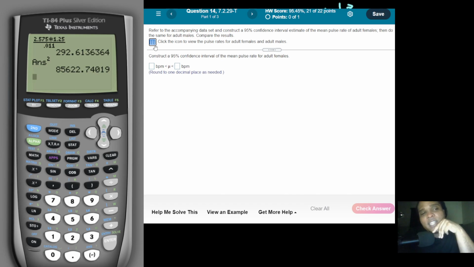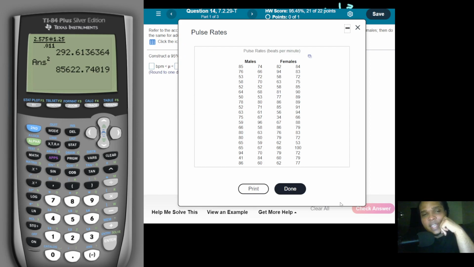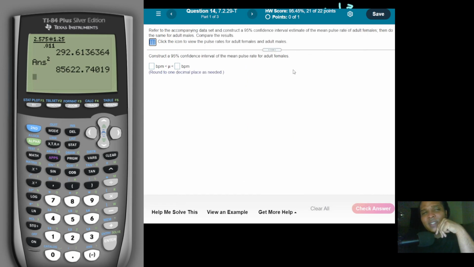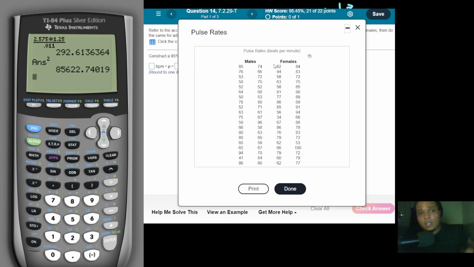We have a whole data set here, and we have females over here. They don't care about the males this time. So, you know what? We're going to use StatCrunch because that's way too much data to be putting inside of our calculator. Whenever you see so much data like that, don't use your TI. They're not going to put something like this on the exam, I think it's safe to say. Whenever they have to give you a link for StatCrunch, you're not going to have to do that.